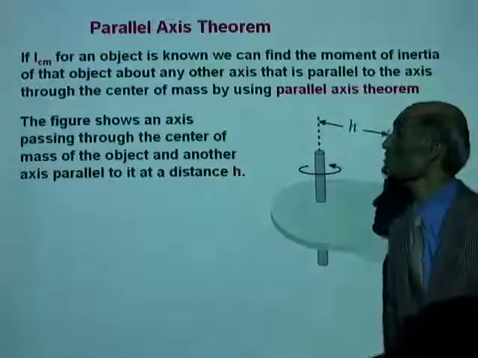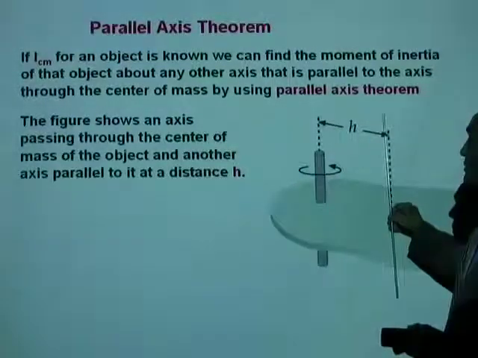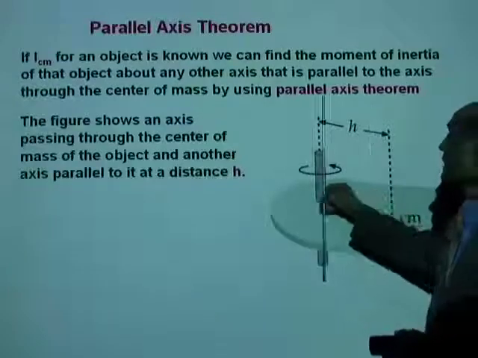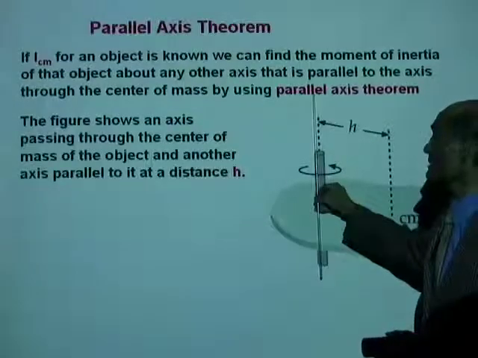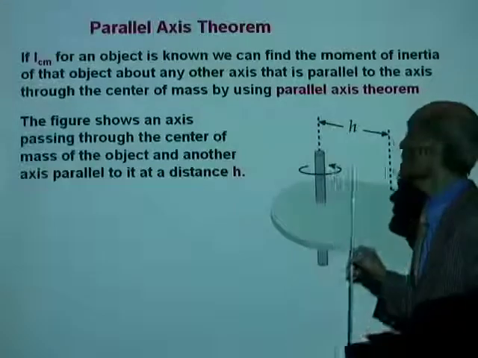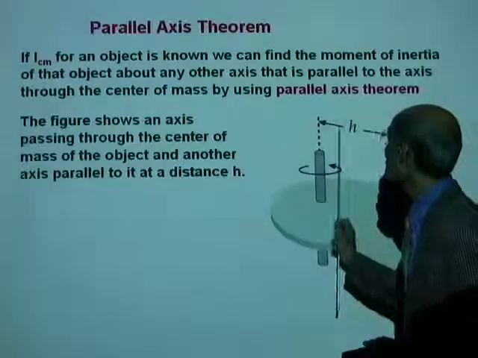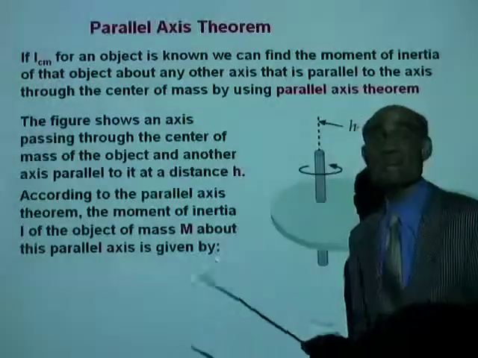So the figure shows an axis passing through the center of mass of the object and another axis that passes at a distance h from the axis through the center of mass. So the distance between those two axes is h.